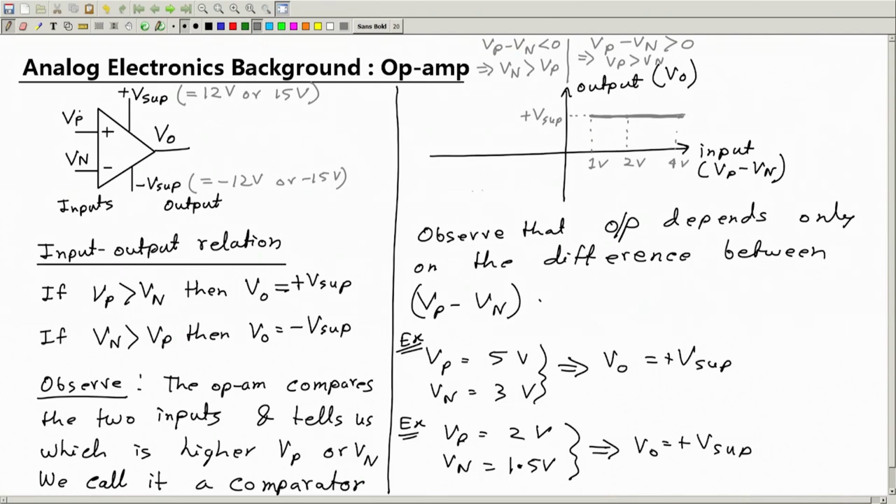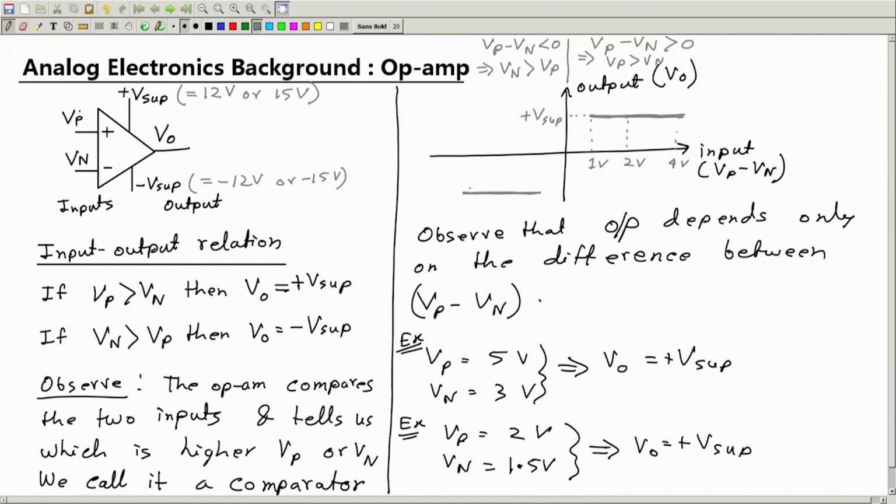But on this side, left side, VP is less than VN. So output now should be negative. It will be negative and constant. No matter how large or small this difference is, no matter how much more the VN is compared to VP, it can be more by 1 volt, it can be more by 2 volt, but the output will always be negative.